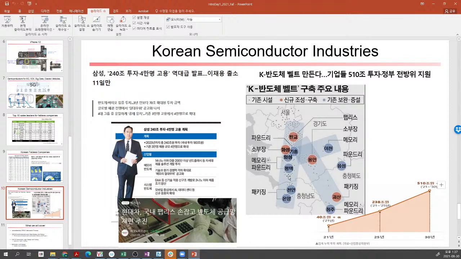In many places there are related semiconductor efforts, and the government invests lots of money to promote the semiconductor industry. Okay.